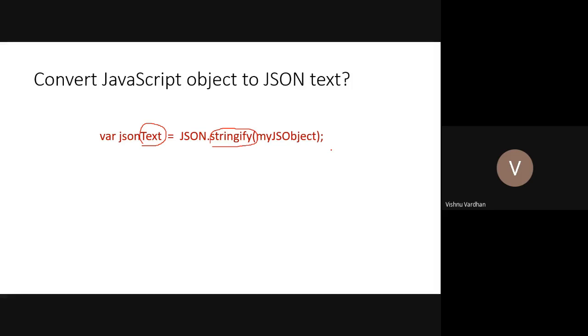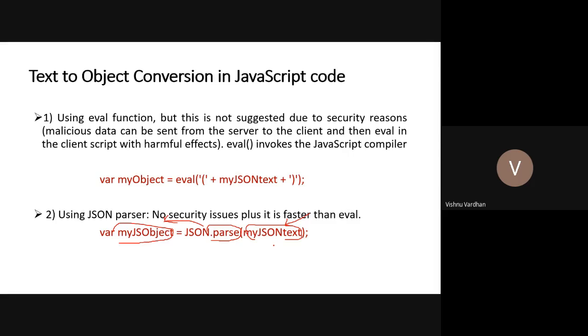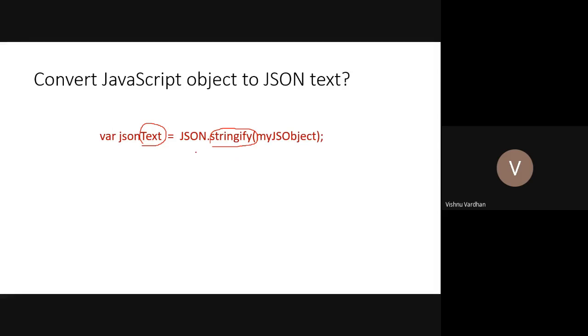So these two methods are interchangeable, and you can sometimes parse the data from any given text like this and create your own JSON object, and accordingly you can do read and write operations. And if you want to serialize that, then in those conditions you have to call this stringify method. So stringify is for the serialization, and deserialization is for the parse. So in that way you can remember.